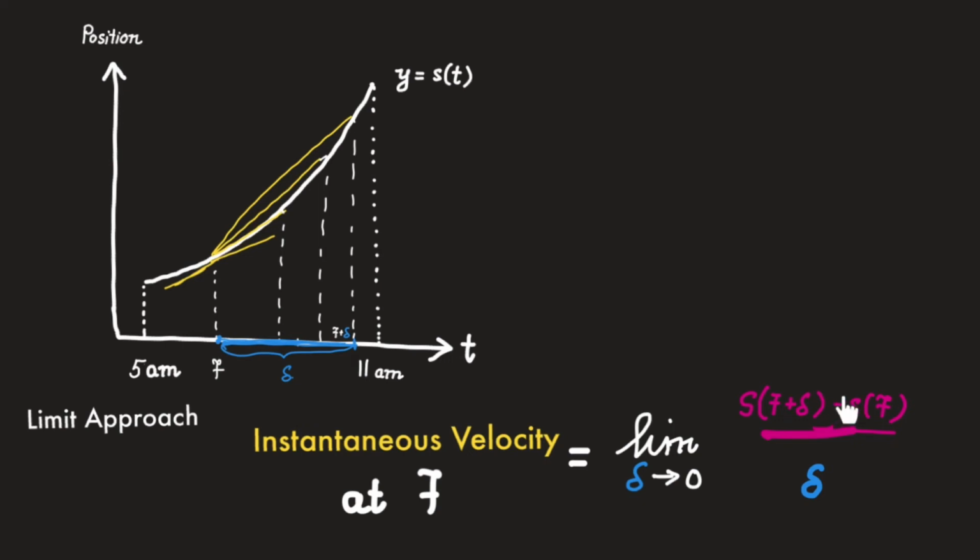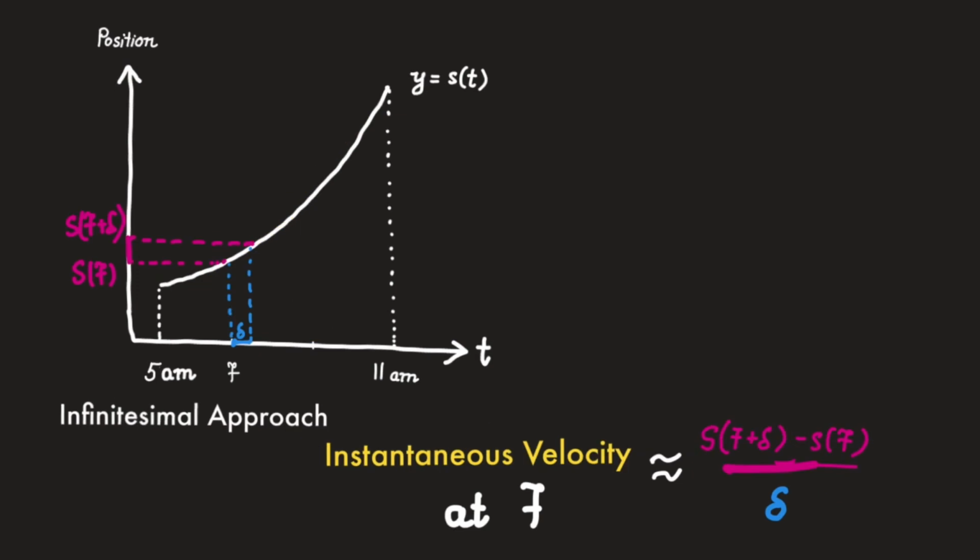Graphically, because this average velocity between 7 and 7 plus delta is just the slope of this secant line, this limit here is just the limit of the slopes of the secant line as delta gets closer and closer to 0, and so this limit is really just the slope of the tangent line at 7, which is the derivative of s at 7.